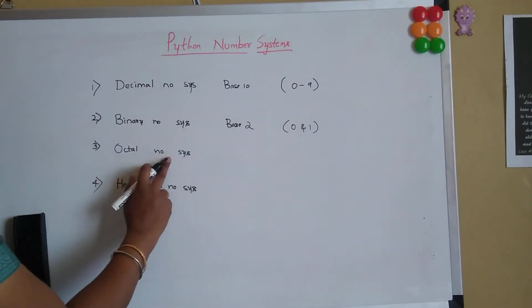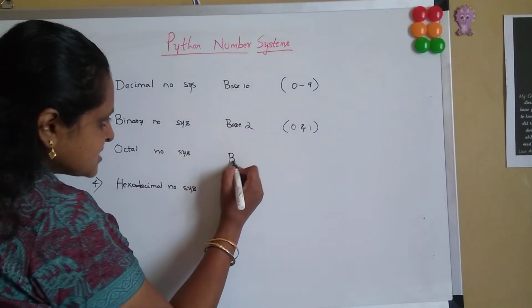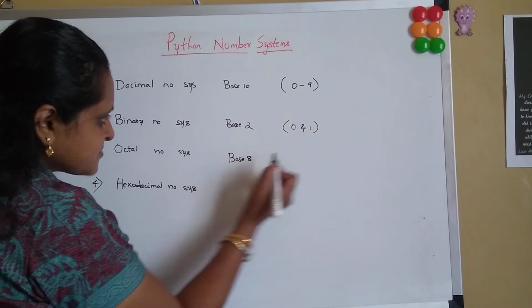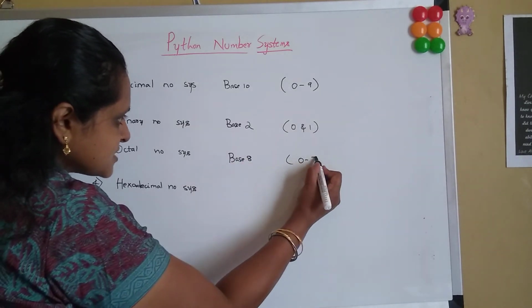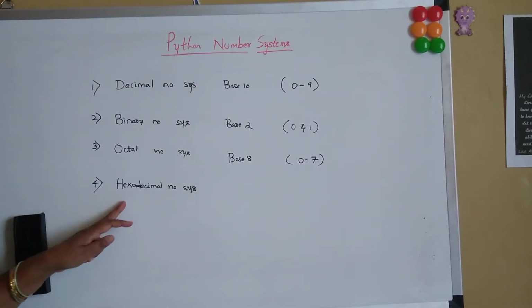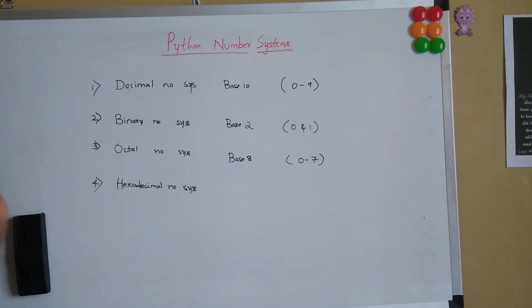What is an octal number system? It is a base 8 number system. It can have values 0 to 7. And finally, the hexadecimal number system.